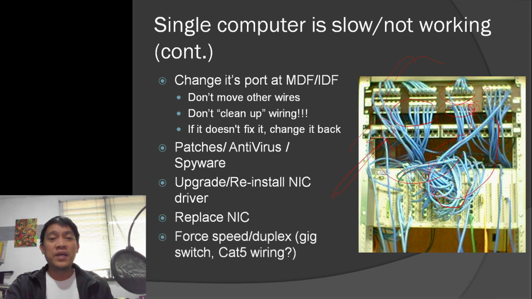For speed duplex, gigabit switch, Cat5 wiring. So for speed duplex, pwede nyo palitan yung speed and duplex on the network interface card. Sometimes kasi may mga network interface card, di ba, 100 Mbps. So sometimes nasisira siya, it only operates on 10 Mbps but still works. Okay? So sometimes you can change the speed and duplex.